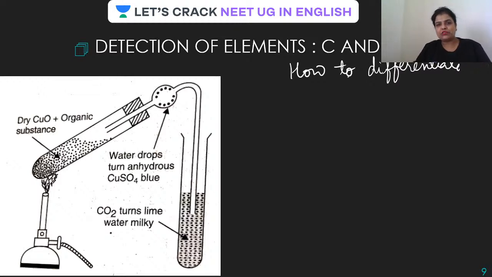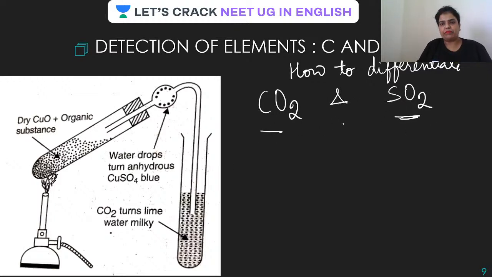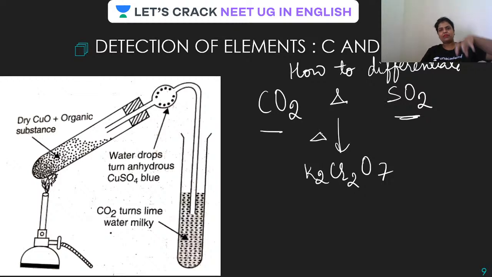So guys, come back to the screen. How to differentiate? This is a very important question, guys. CO2 and SO2 gas. See, both of them we had seen turn lime water milky. Then how to differentiate? See, guys, if you pass them through K2Cr2O7, I mean if you pass them or heat them on heated K2Cr2O7, what is going to happen?